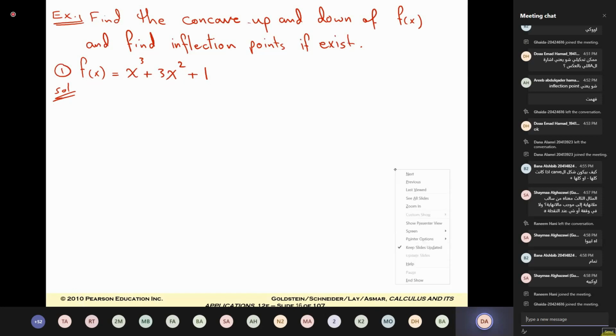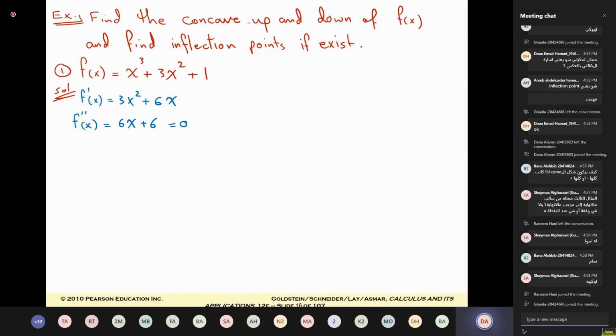The solution: here to find the concavity, up and down, and the inflection we use the second derivative. So find the first derivative, 3x square plus 6x, and find the second derivative, this equals 6x plus 6, and then find the critical for f double prime.